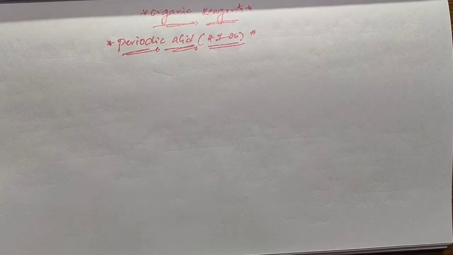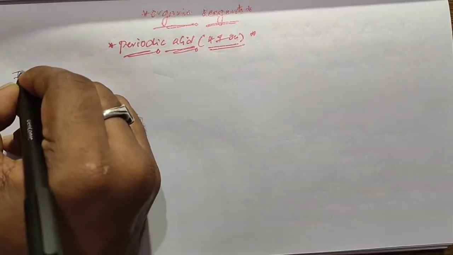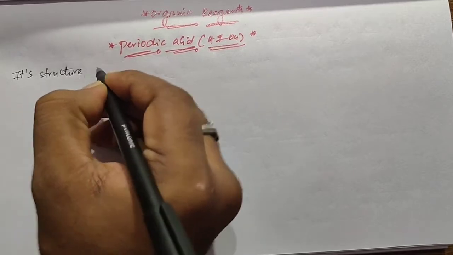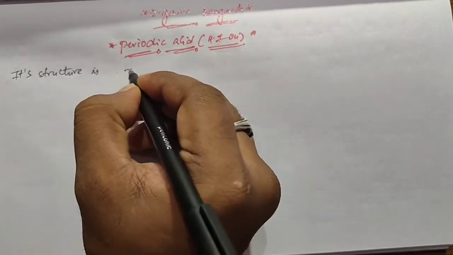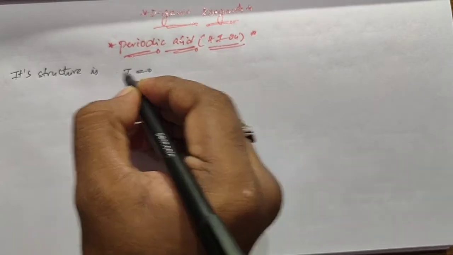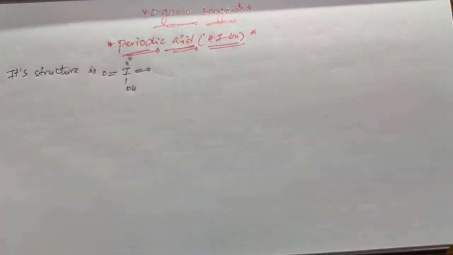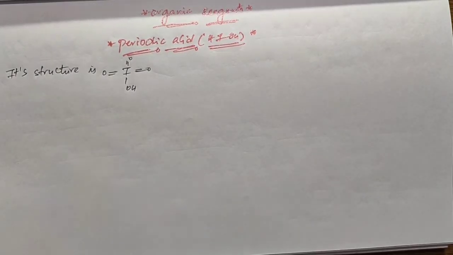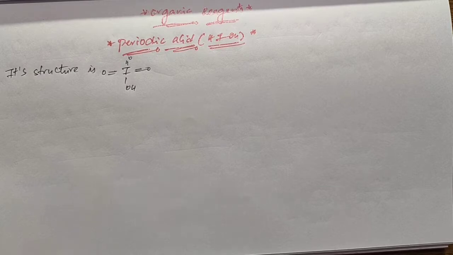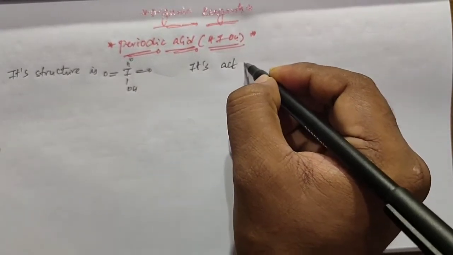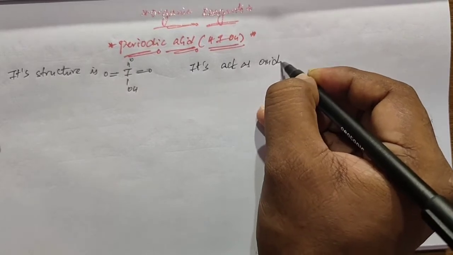When you see the structure of iodic acid, it looks like this: of the 4 oxygens, 3 oxygens are attached by double bonds, and the other valency is satisfied by the OH group. Then the periodic acid acts as an oxidizing agent.